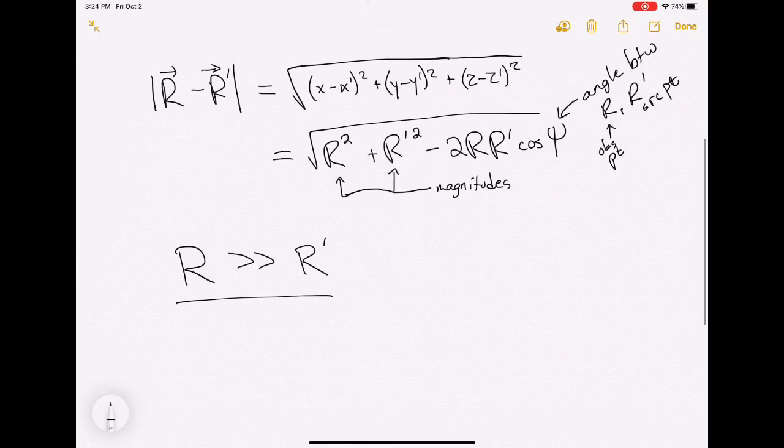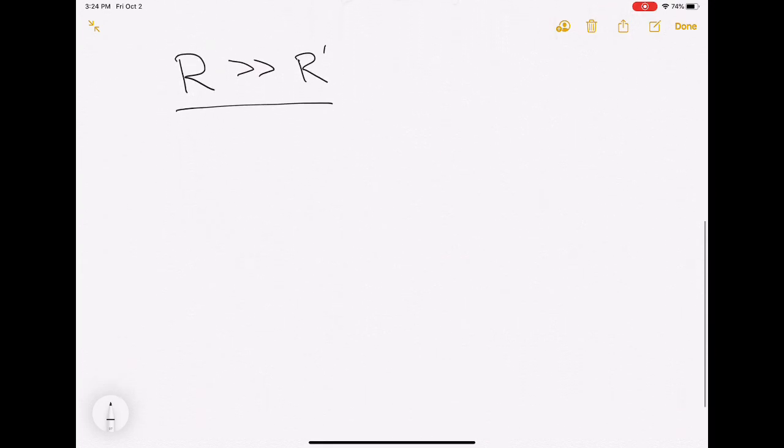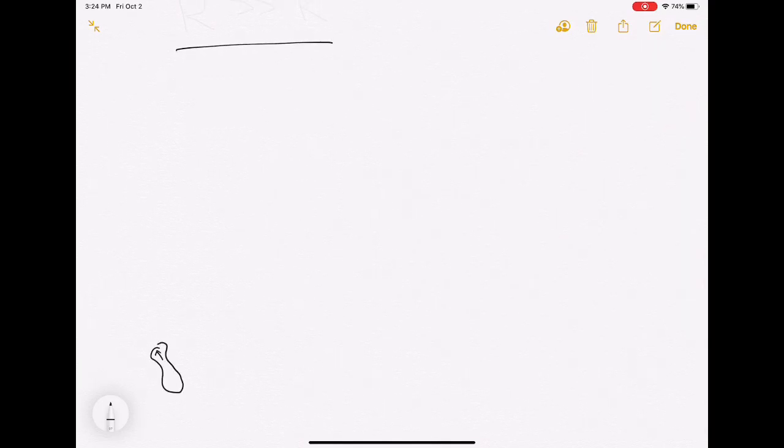Let's look at this with a diagram. Let's say we've got some sources over here. And let's say we have an observation point all the way over here. How can we simplify this situation? Well, let's look at a line from two different points on the source distribution.